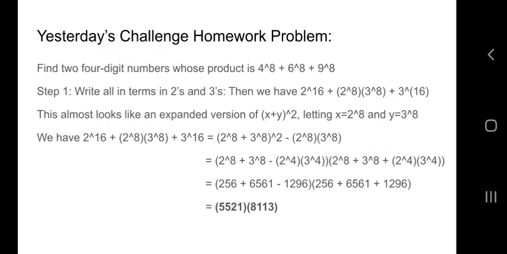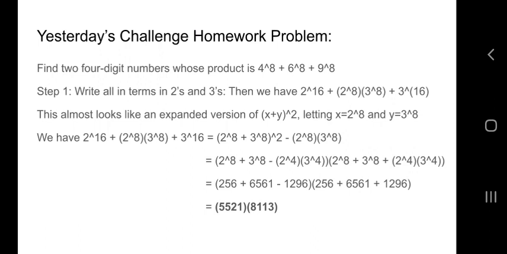In fact, we can just say what the whole expression is equal to. It's equal to (2 to the 8th plus 3 to the 8th) squared, but if we compute that, we're going to get 2 to the 16th and 3 to the 16th, but we're also going to get that middle term, the 2xy term, and that's going to be 2 times 2 to the 8th times 3 to the 8th.